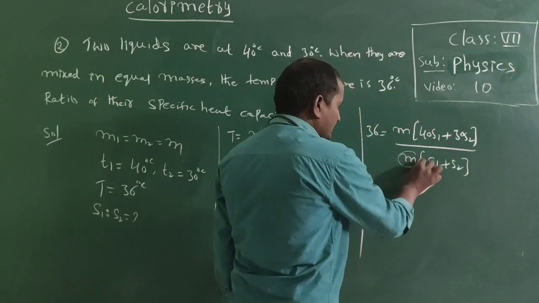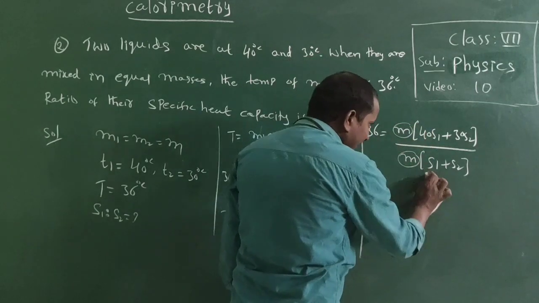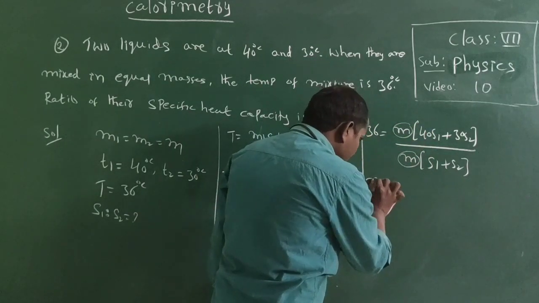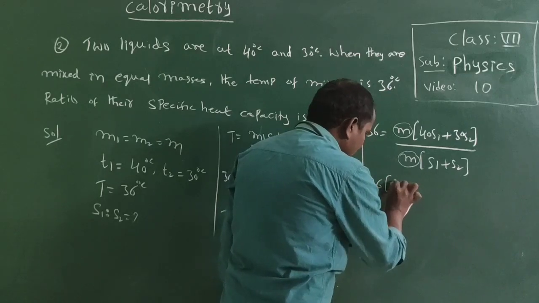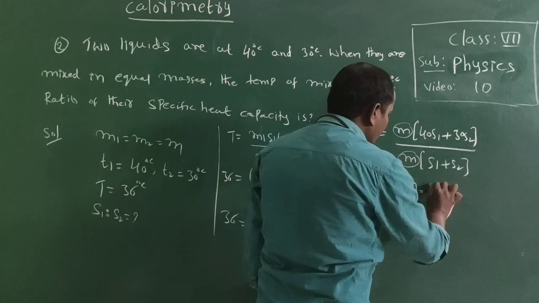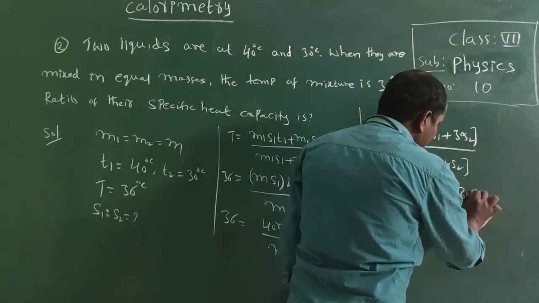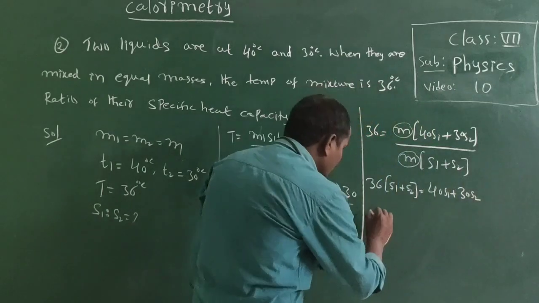So here m gets cancelled. Now I am going to cross-multiply: 36 into S1 plus S2 is equal to 40 S1 plus 30 S2.